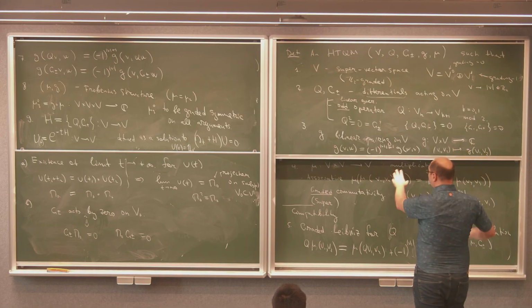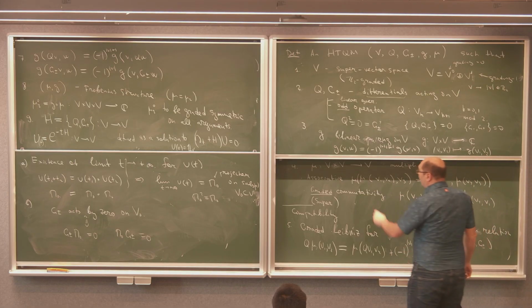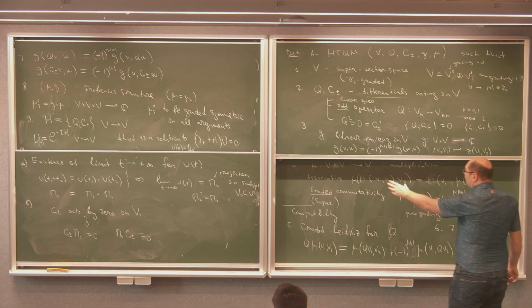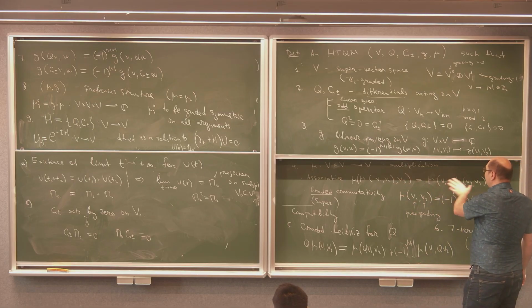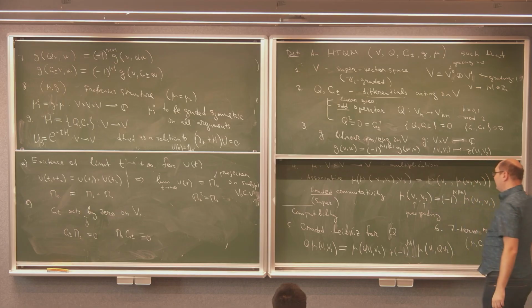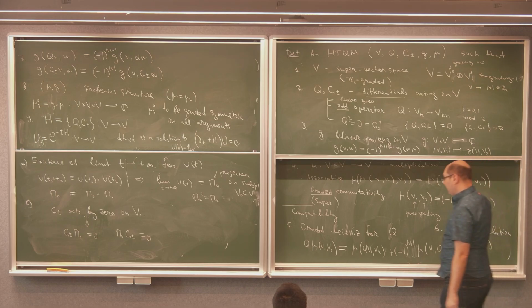We get a multiplication that is also bilinear in all arguments. It is an associative multiplication, so it doesn't have any signs if I don't change the order of arguments. But it is also graded commutative, so once again, if I exchange the order of arguments, I get the same answer up to a sign that depends on parity.